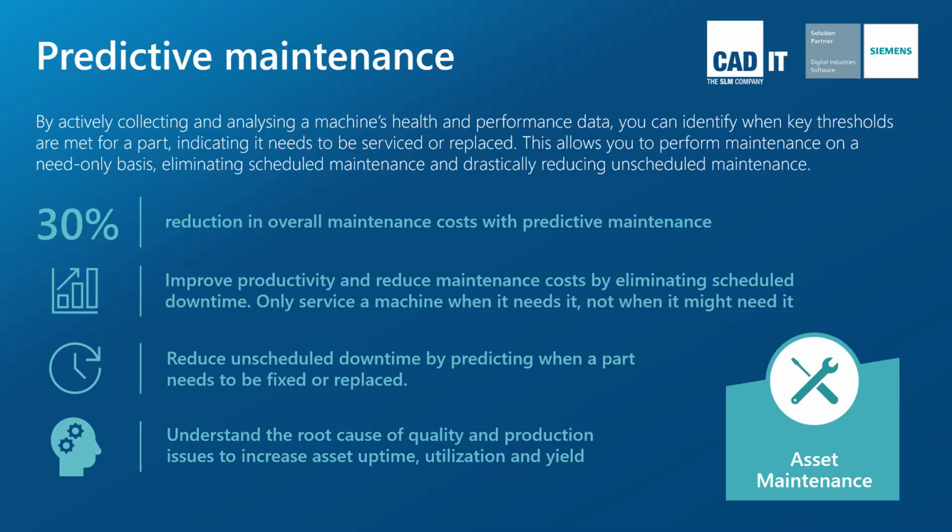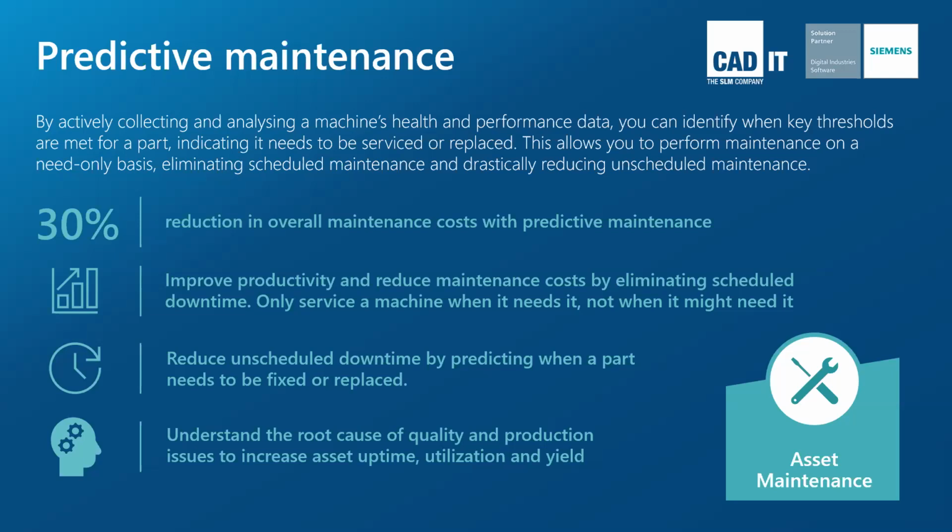And this leads to improved productivity and a reduction in maintenance costs, which could be through a lower use of consumables because you're doing less maintenance, but also avoiding downtime because you may have less maintenance downtime scheduled, because you're being more accurate and more predictive about your maintenance planning.